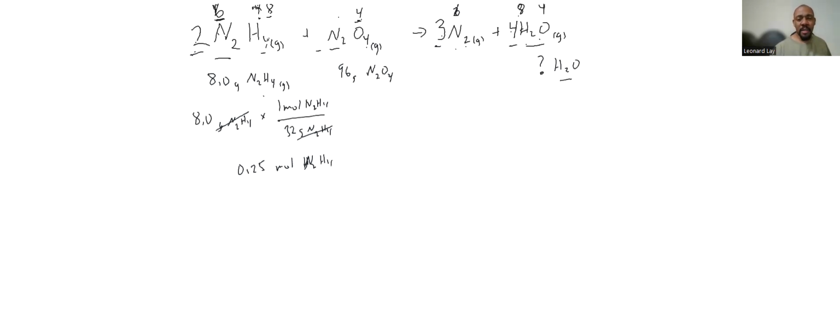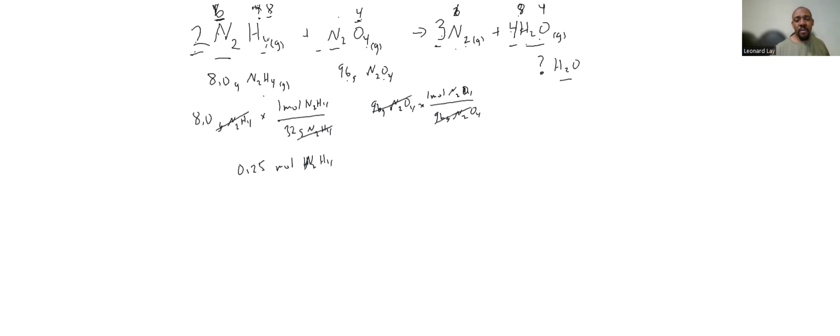And then let's do the same thing for our dinitrogen tetroxide. So it's 96 grams of dinitrogen tetroxide times 1 mole of dinitrogen tetroxide divided by 96 grams of dinitrogen tetroxide. So those cancel.